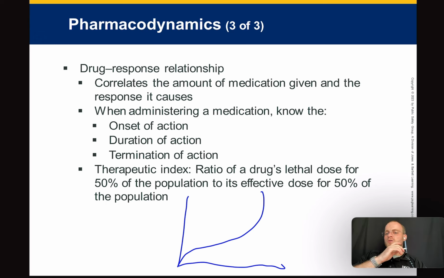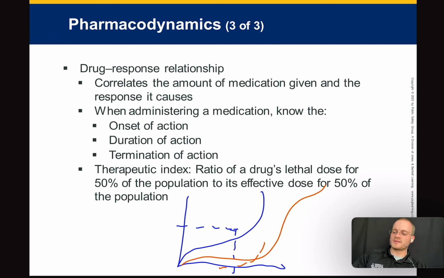And what happens is we have to figure out where on this chart it's going to reach 50% effective, along with the 50% lethality of it. So it looks like this. So basically, this green area in between is called the therapeutic index.